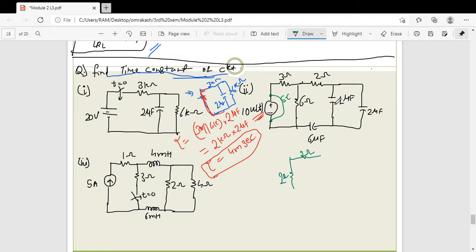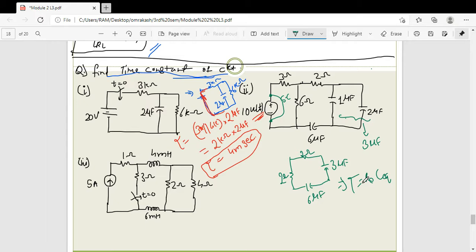And what is the capacitance? This 1 microfarad capacitor is connected in parallel with this, so this is nothing but your 3 microfarad, because capacitors add in parallel, right? And this here is 6 microfarad. Now all the elements are in series. What is the time constant? R equivalent into C equivalent, right?